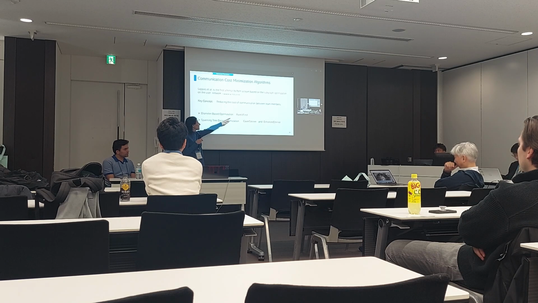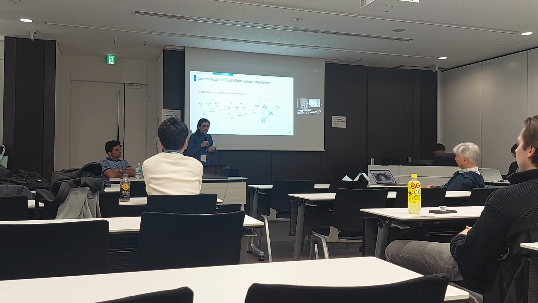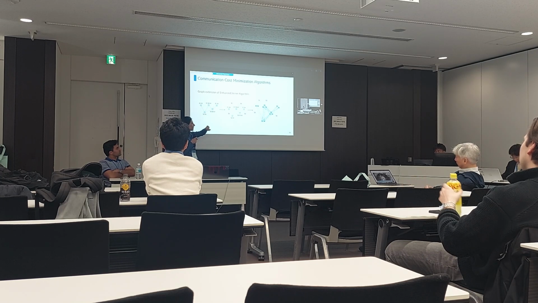RarestFirst was the algorithm that minimized the communication cost by minimizing the diameter. And EnhancedSteiner and another Steiner-based algorithm are two algorithms that minimize the communication cost by the spanning tree optimization.